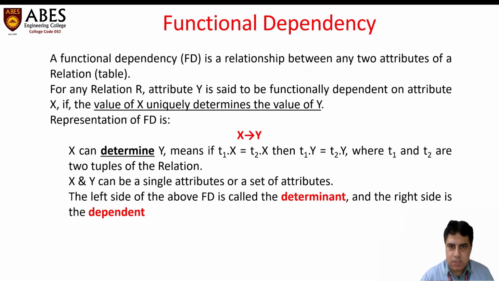A functional dependency is the relationship between any two attributes of a relation. For example, there is a relation R, and X and Y are attributes of the relation R. In this example, X determines Y, so we can say that attribute Y is functionally dependent on X.